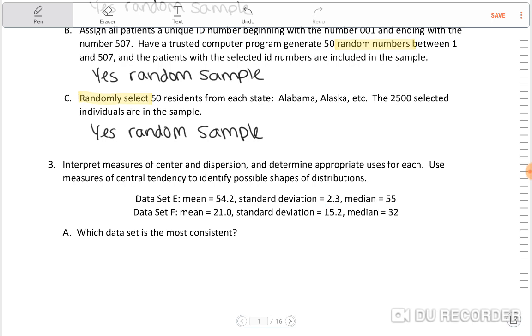So looking at these two data sets, I see that E has a standard deviation of 2.3 and F has a standard deviation of 15.2. Well, the smaller spread would be more consistent. So that would be data set E, since it has a smaller spread.